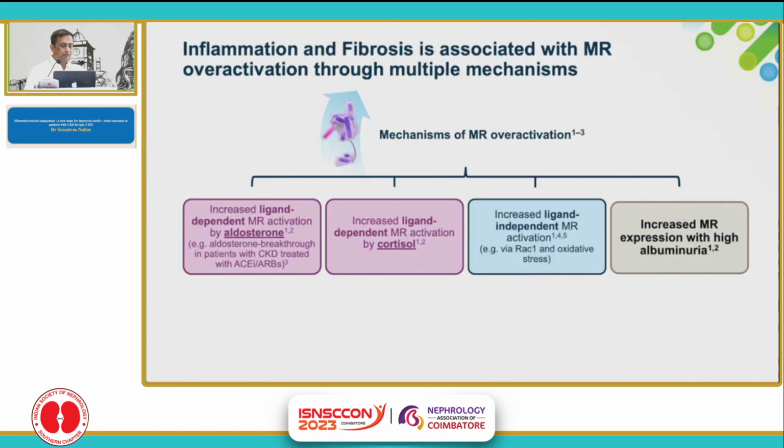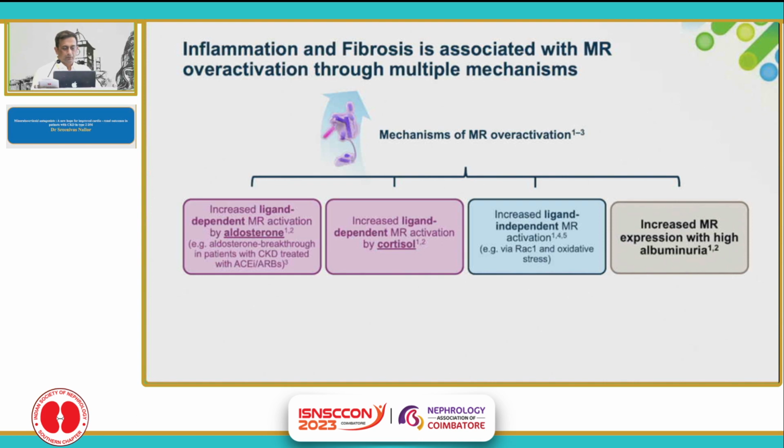Inflammation and fibrosis are associated with mineralocorticoid receptor overactivation through multiple mechanisms. This is very much true in patients with diabetes and established CKD. What are the factors which can cause this mineralocorticoid receptor overactivation?